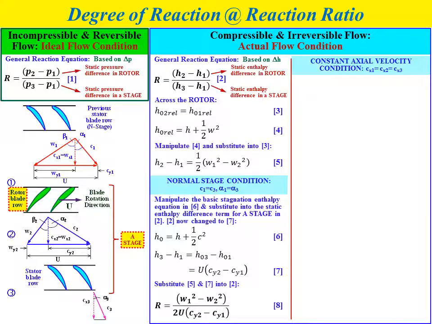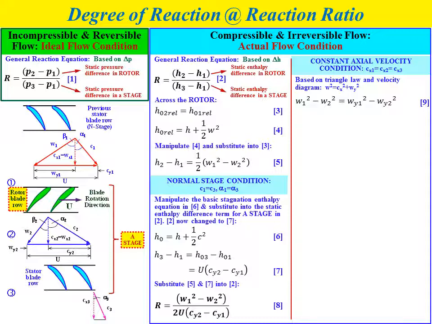Okay, further, if we add one more condition, which is the constant axial velocity condition, where Cx1 equals Cx2 equals Cx3, where the axial velocity throughout the compressor is constant, and we consider the triangle law and the velocity diagram shown in the figure, we know that W square equals Cx square plus Wy square.